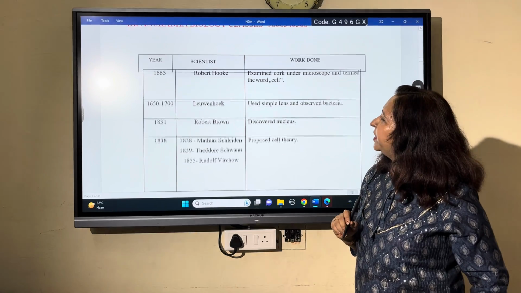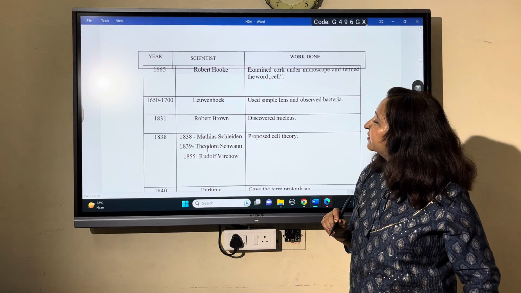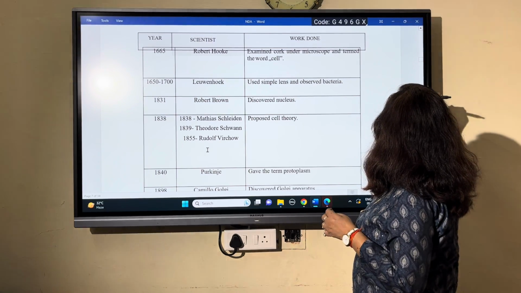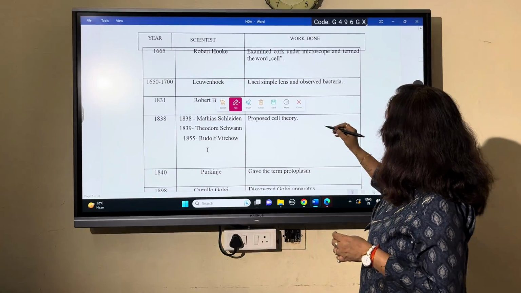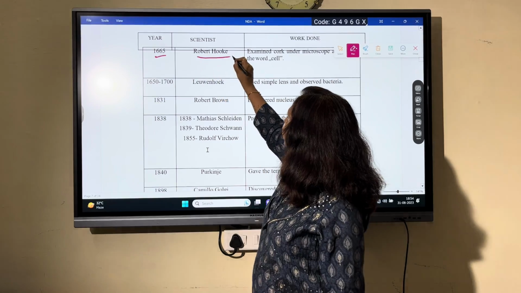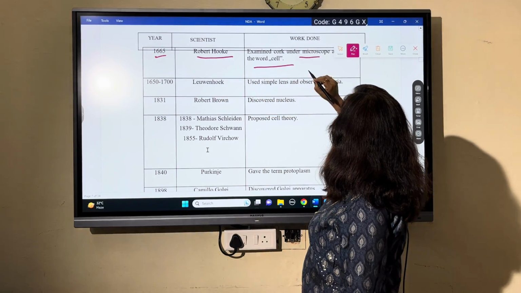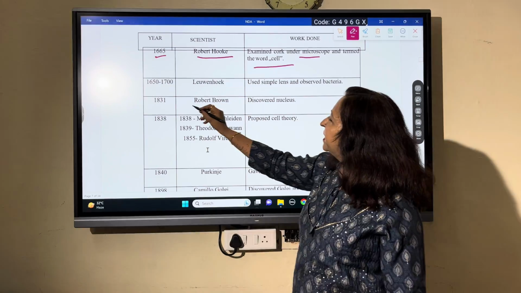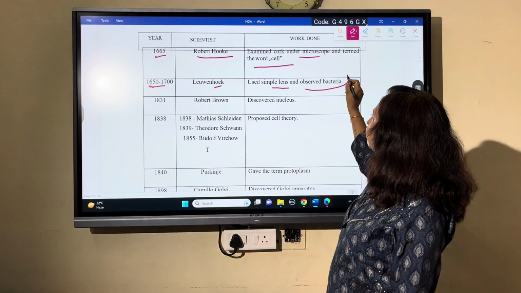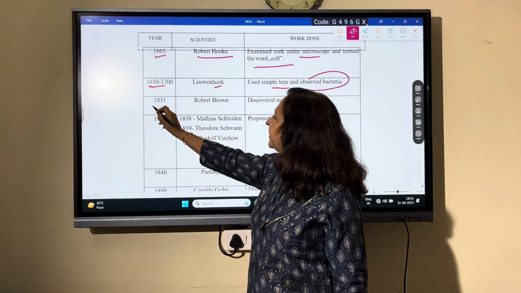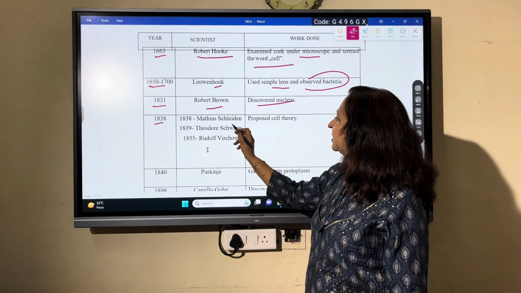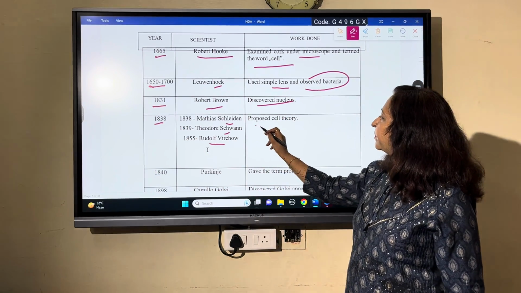Now this is the table showing the scientist, year and the work done. This is also important. You should know which scientist has done which work and in which year. In 1665, Robert Hooke examined the cork slice under microscope. Between 1650 and 1700, Leeuwenhoek used a simple lens and observed bacteria. In 1831, Robert Brown discovered the nucleus. In 1838, Schleiden, Schwann and later Rudolf Virchow proposed the cell theory.